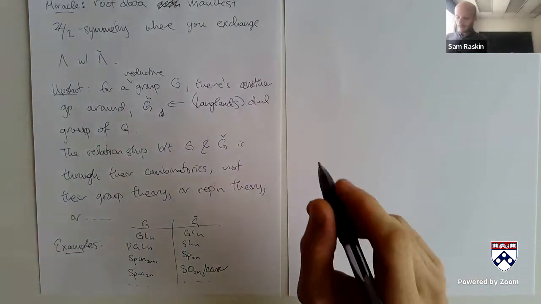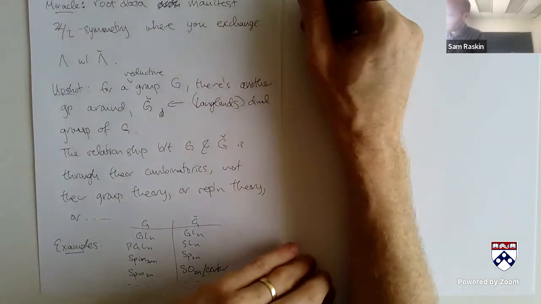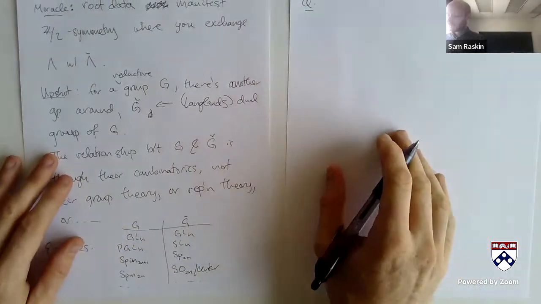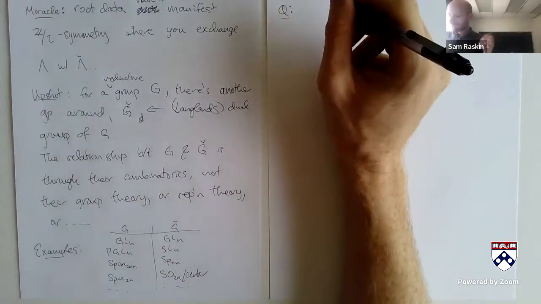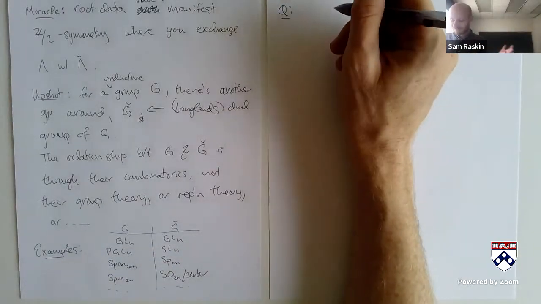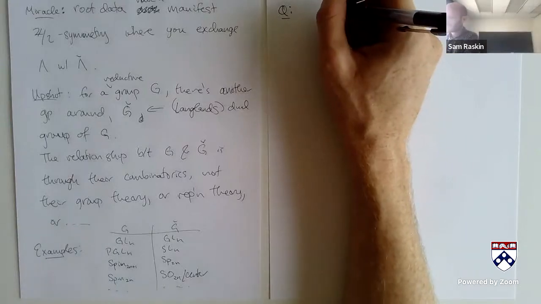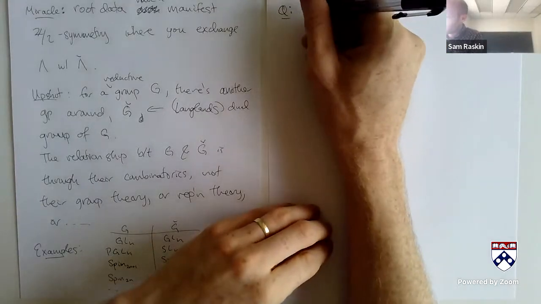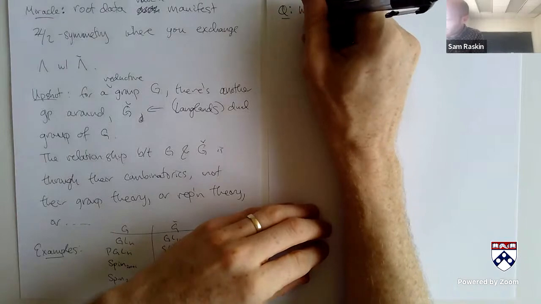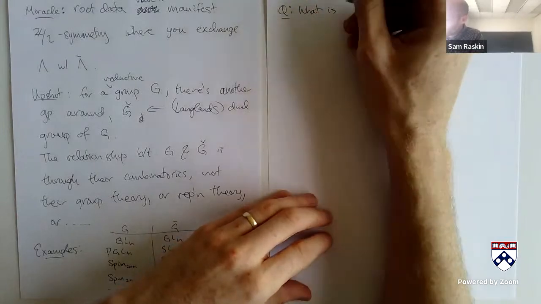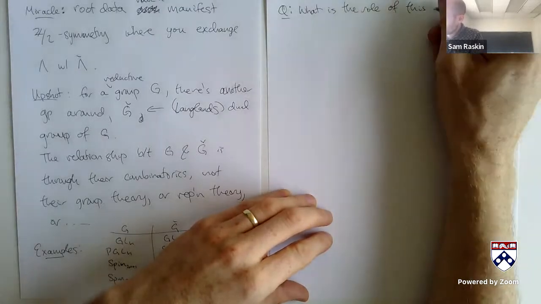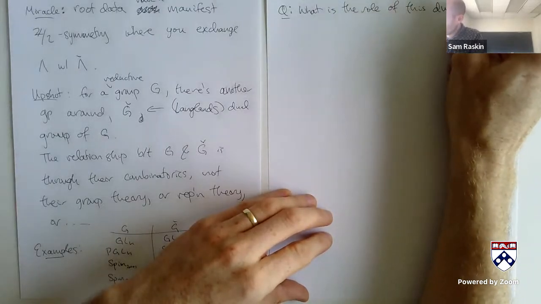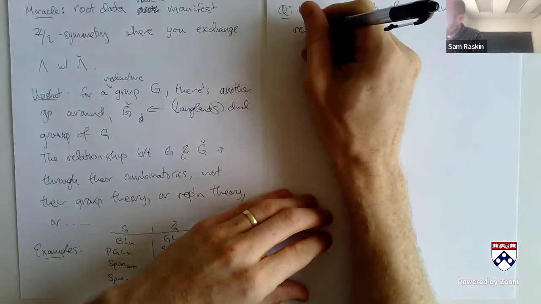And so the basic question that I think people were wondering, in the first half of the 20th century, is what is the role of this duality for reductive groups?